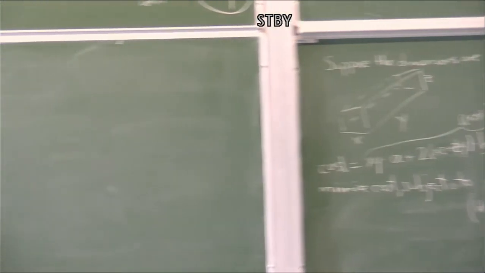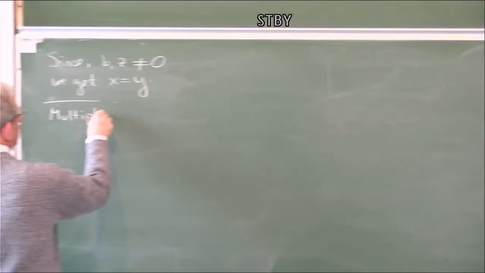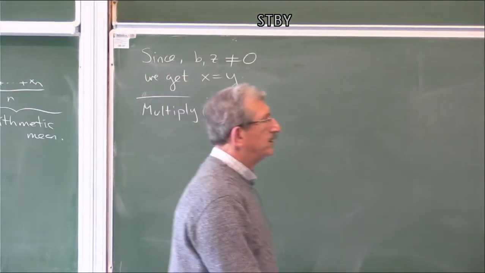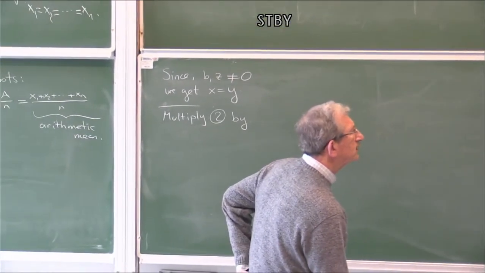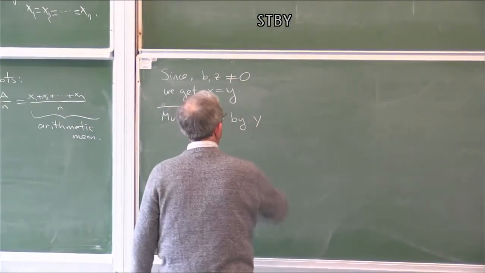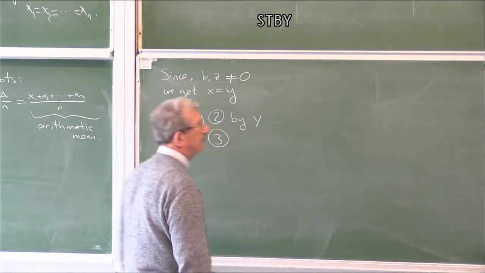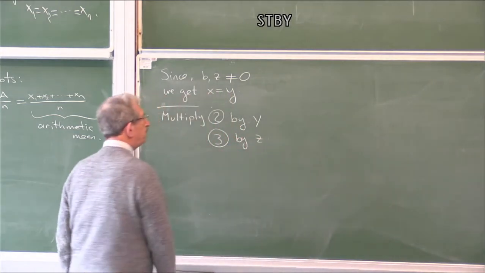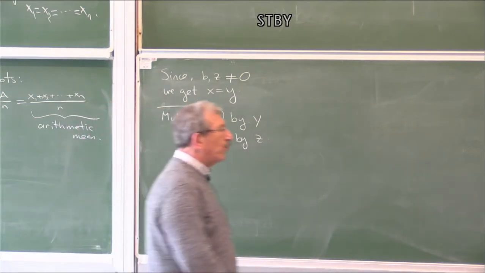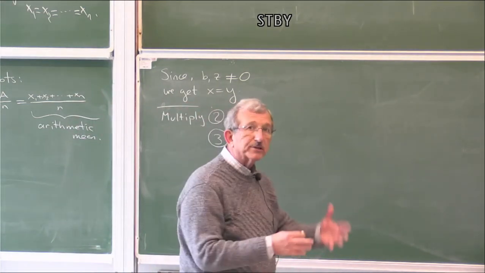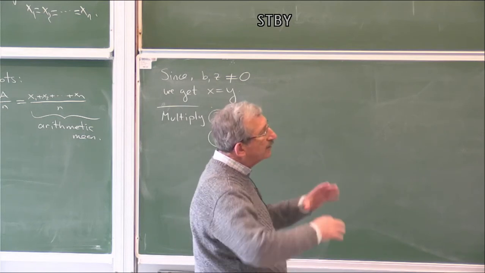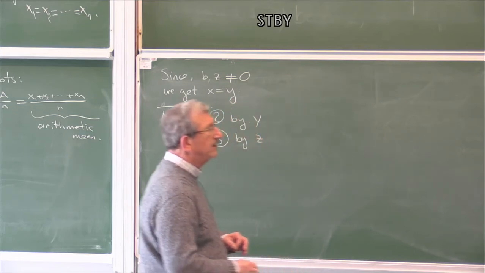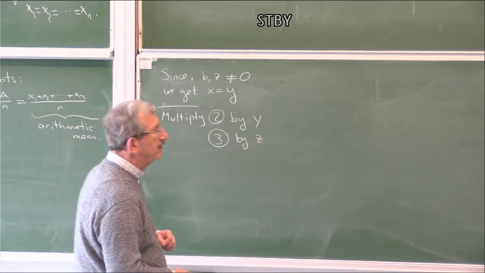Similarly, multiply 2 by y, and 3 by z. Why I'm doing it is I want to eliminate lambdas. To eliminate lambdas, on the right side, I have to have the same product, xyz.